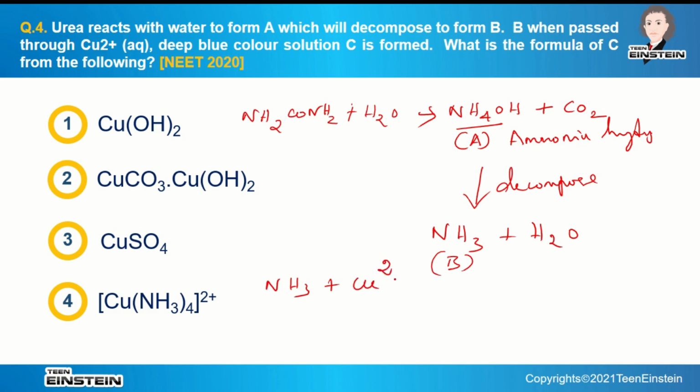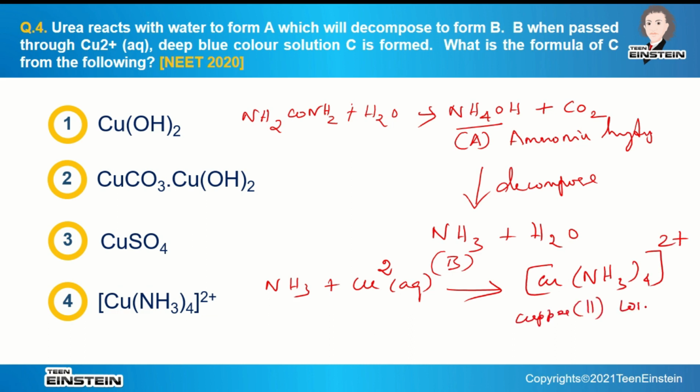Further, this ammonia is passed through copper 2 plus aqueous solution, it gives copper 2 complex ion, that is Cu(NH3)4 2+.